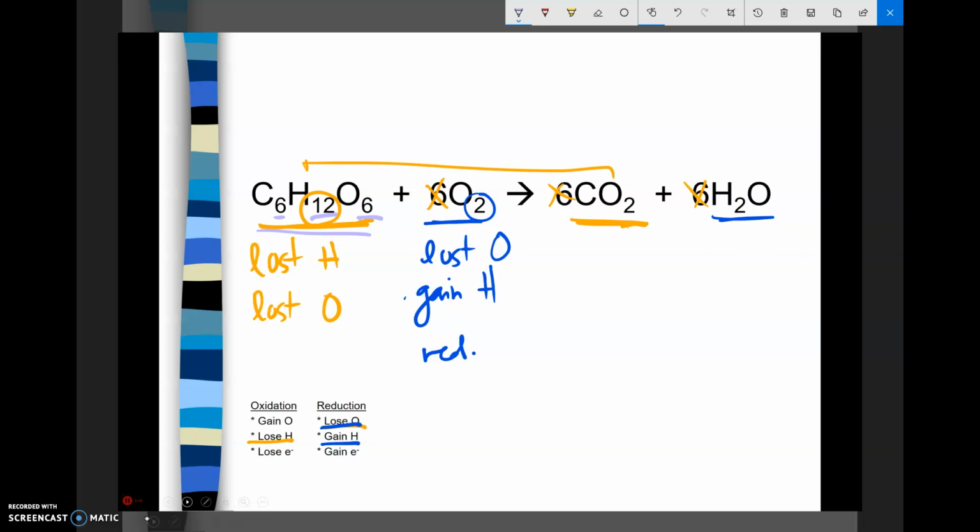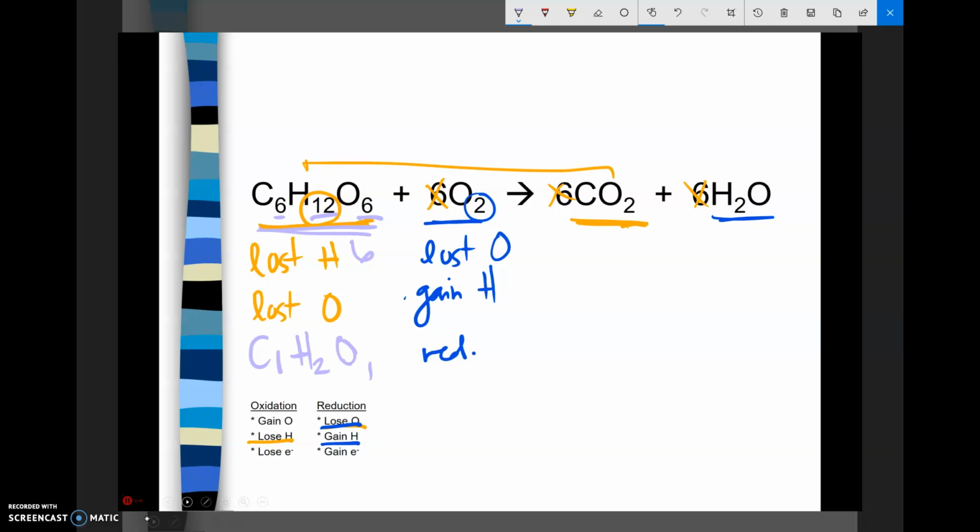We're going to reduce them by 6. So if we divide all of this by 6, we're going to get 1 carbon, 2 hydrogens, and 1 oxygen. I apologize. Okay, so we get a 1 to 2 to 1.